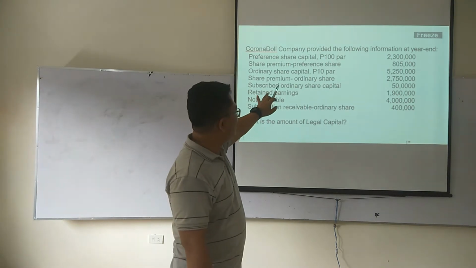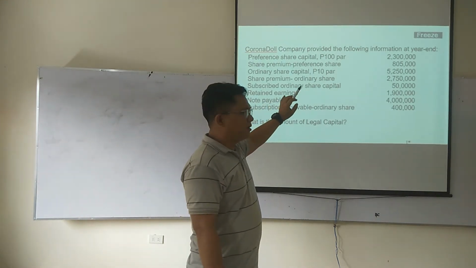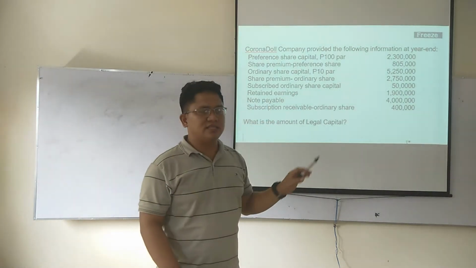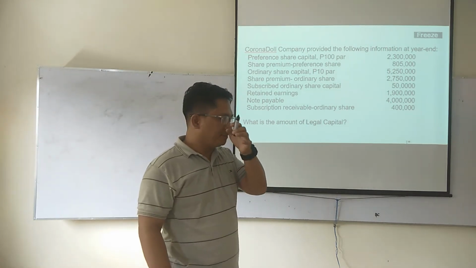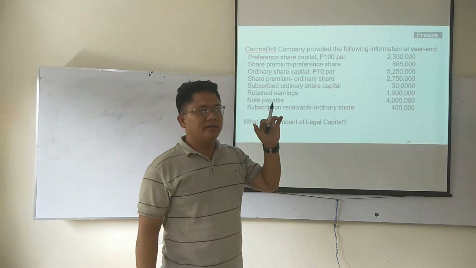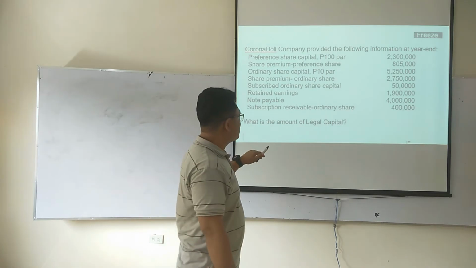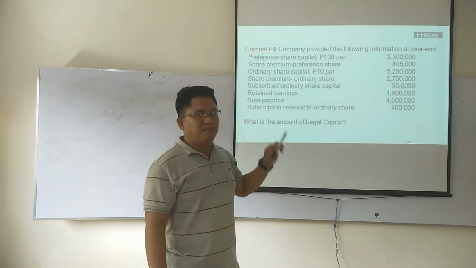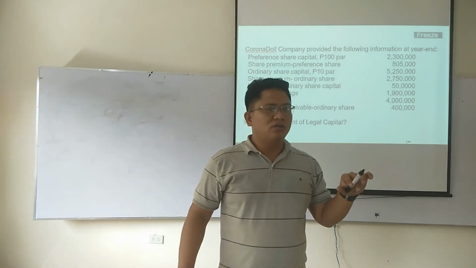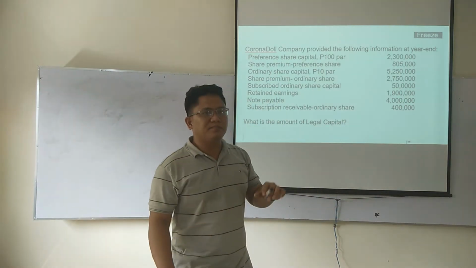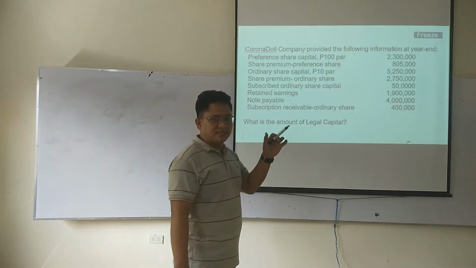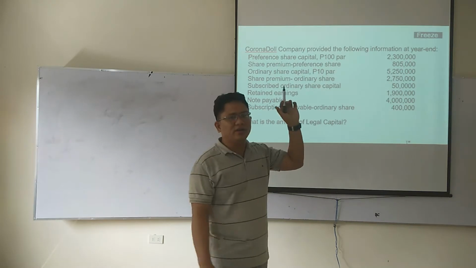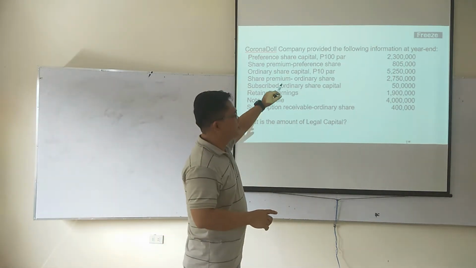If it has no par, a stock can be issued with its stated value. When it has no par, the legal capital is equal to its stated value plus the excess over the stated value paid by the stockholders. So that's the total legal capital for a company that has no par value.